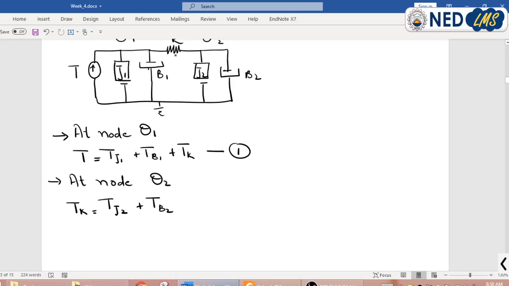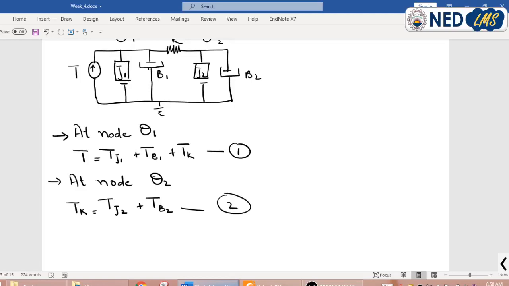This torque will transfer to this node via this spring, Tk, and these are the reactive torques due to this input. So this is my equation number 2.